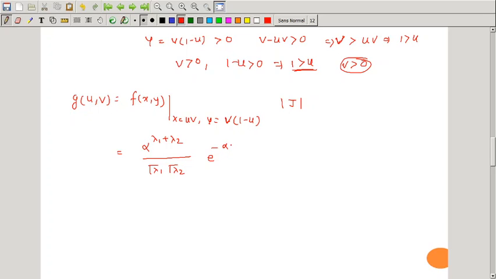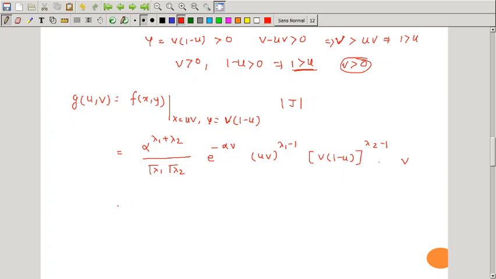So x plus y is v. x is u v raised to lambda 1 minus 1, and y is v into 1 minus u raised to lambda 2 minus 1. And your Jacobian is v, simple.